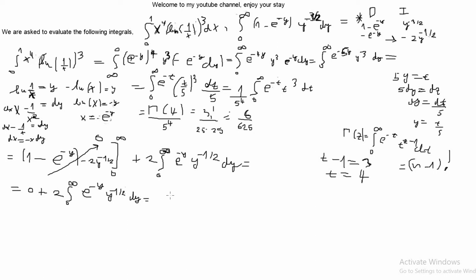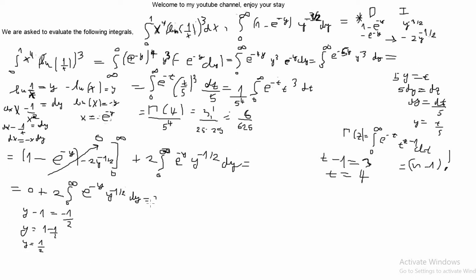And now what shall we do? We again have a situation similar to this. This is the form z minus 1, but we have minus 1 over 2. So what should we do? Let's do it like here: z minus 1 equals negative 1 over 2, so z equals 1 minus 1 over 2, z equals 1 over 2.